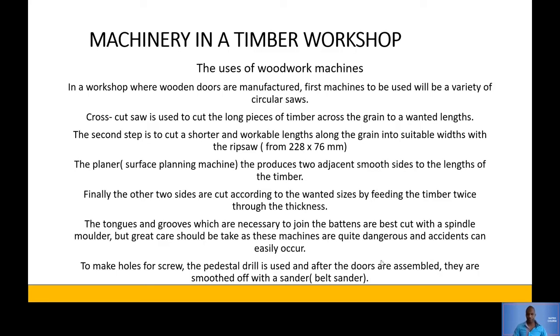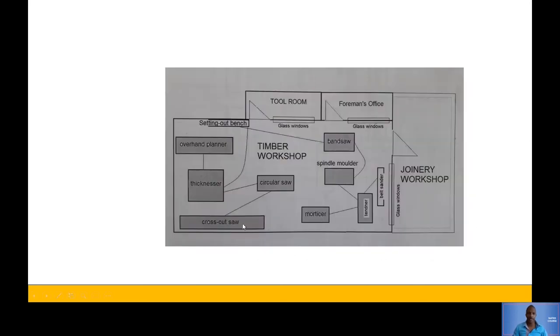Okay. Let us move on. So here we go. Start. This is phase 1, cross-cut saw and a circular saw. Phase 2, thicknesser. Phase 3, overhead planer. Remember, the planer, I said, makes it even smoother using a knife at the bottom.